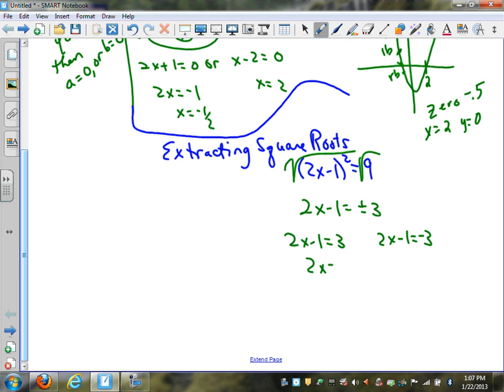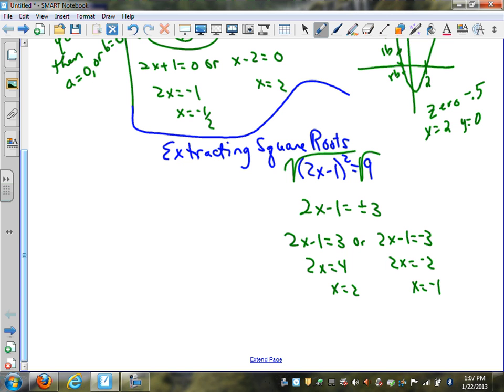So 2x equals 4, x is 2. And 2x equals negative 2, x is negative 1. Then we can plug those back in to make it true. 2 times 2 minus 1 is 3, and 3 squared equals 9. And 2 times negative 1 minus 1 is negative 3, squared equals 9.